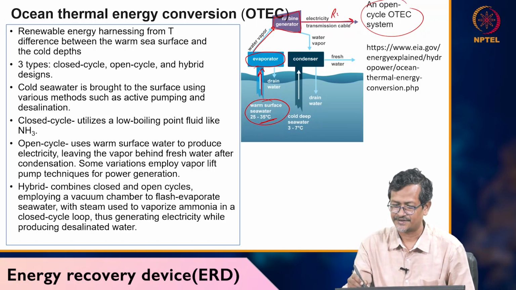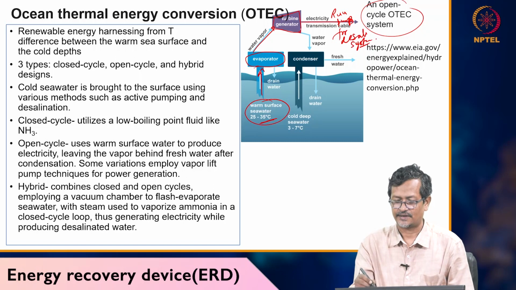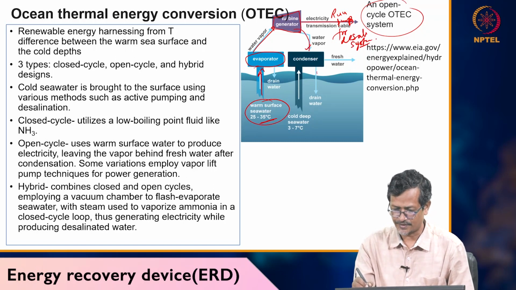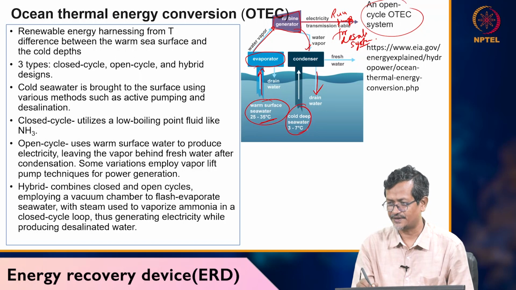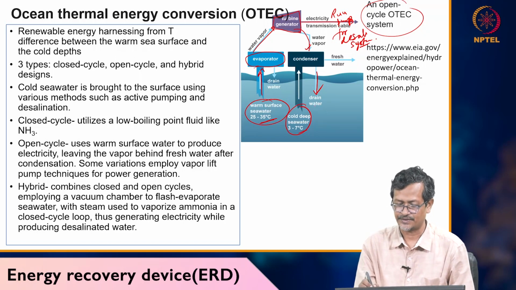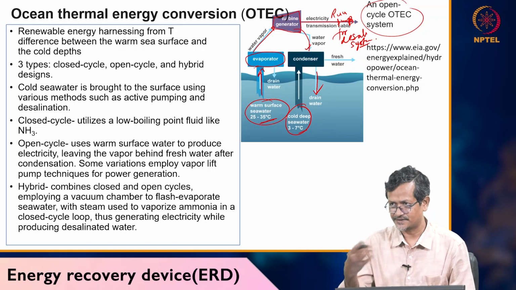Then after the turbine, you condense the vapor again and put that water back into the sea. And how do you condense? You have seabed temperature around 4 to 7 degree. So, this cycle will be running continuously, and you are getting a certain amount of electricity.